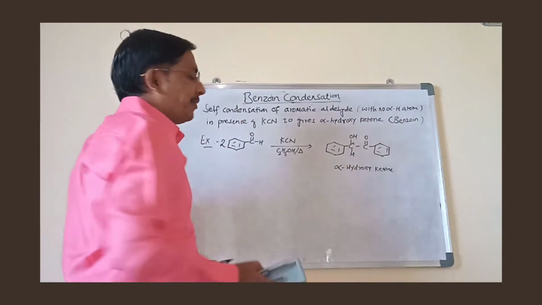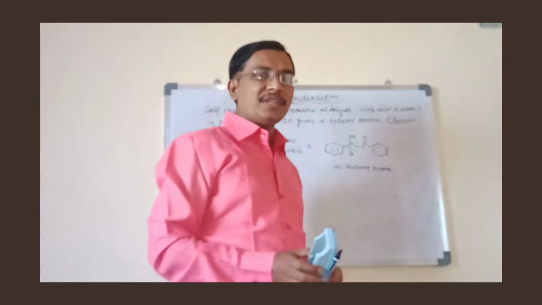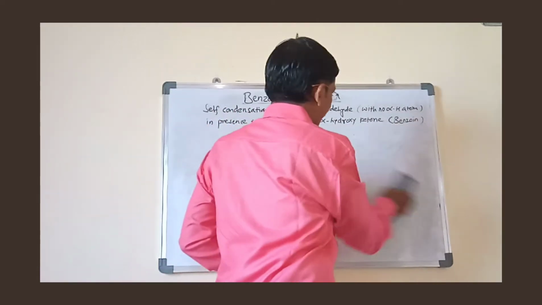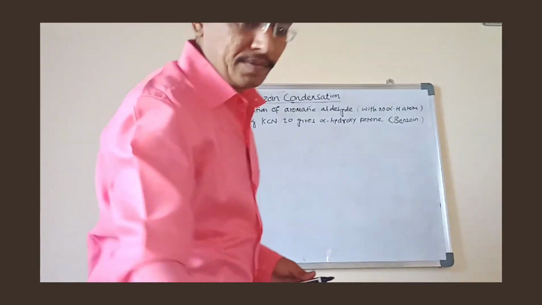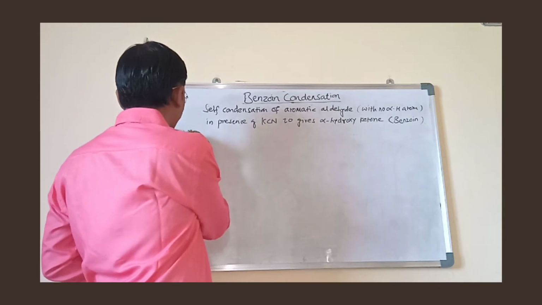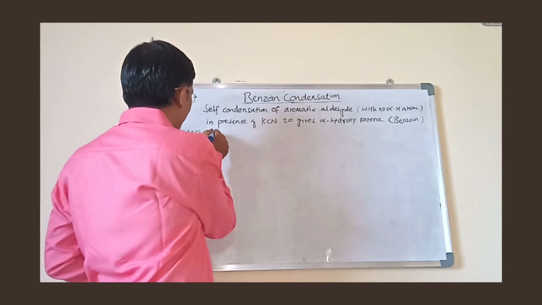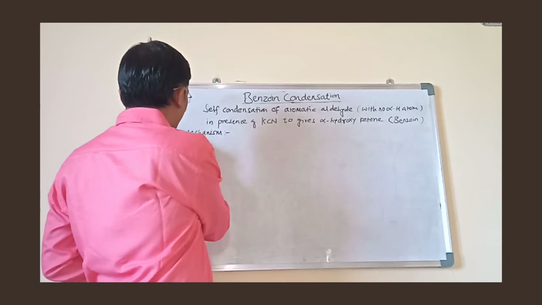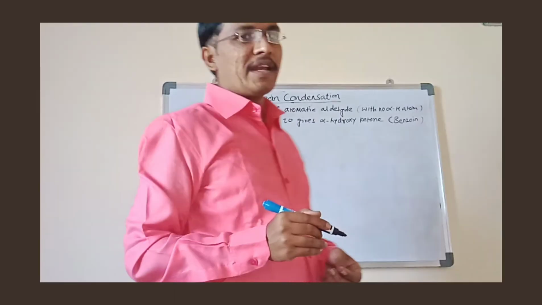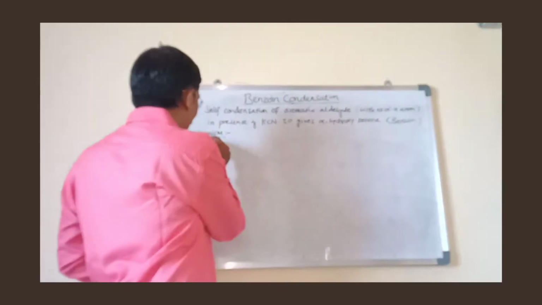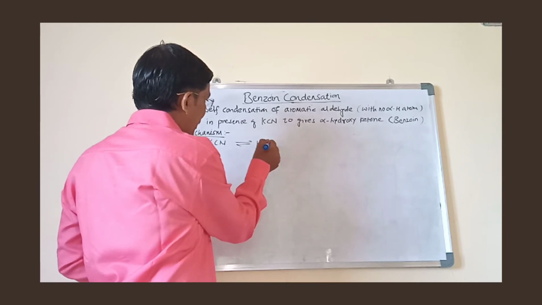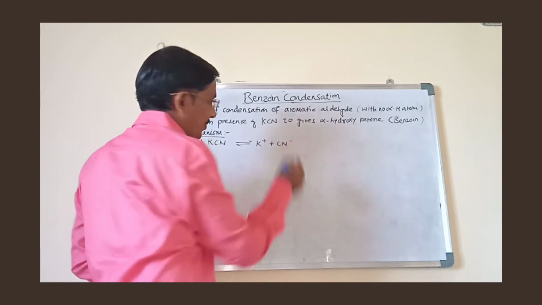Now, we will see the mechanism and why cyanide is used in this reaction. Mechanism part is very important. Initially, the potassium cyanide present undergoes dissociation to give rise to K plus and CN minus ion.